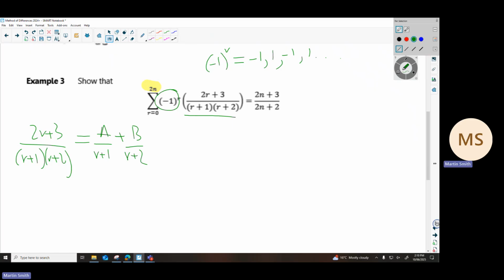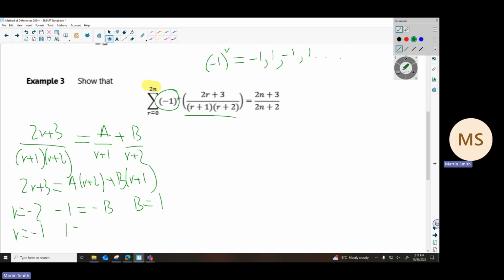If you multiply through, you get 2r plus 3 is A(r plus 2) plus B(r plus 1). If you stick in r is equal to minus 2, you will get minus 1 is equal to minus B. So therefore B is equal to 1. If you stick in r is minus 1, you will get 1 is equal to A.